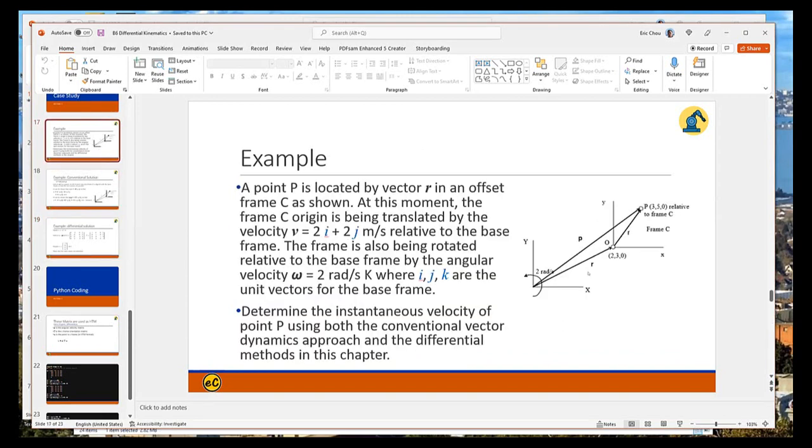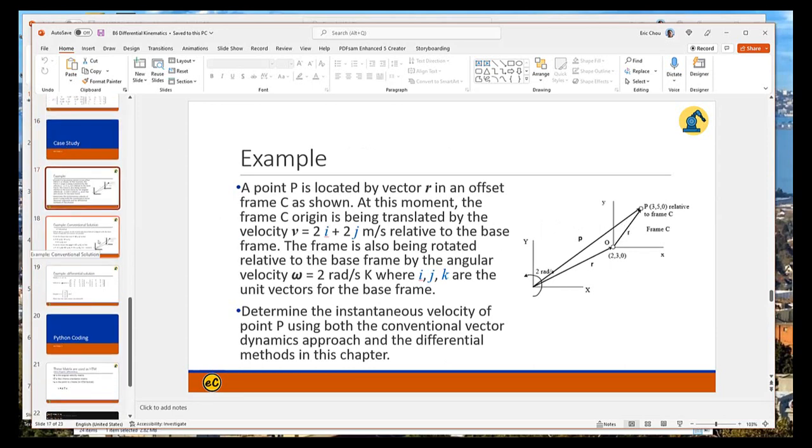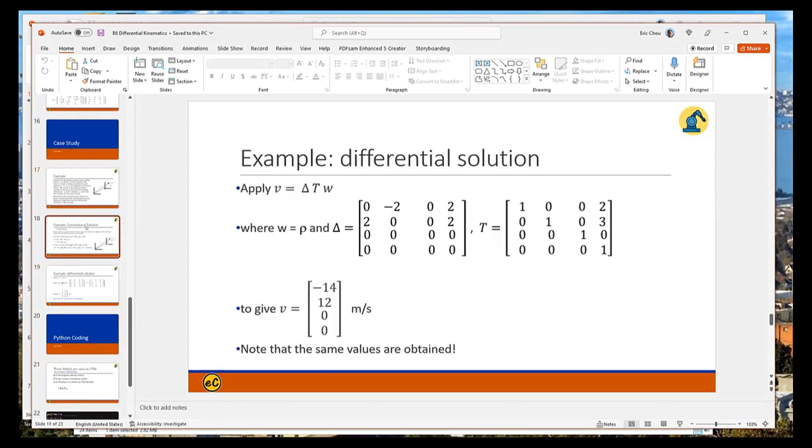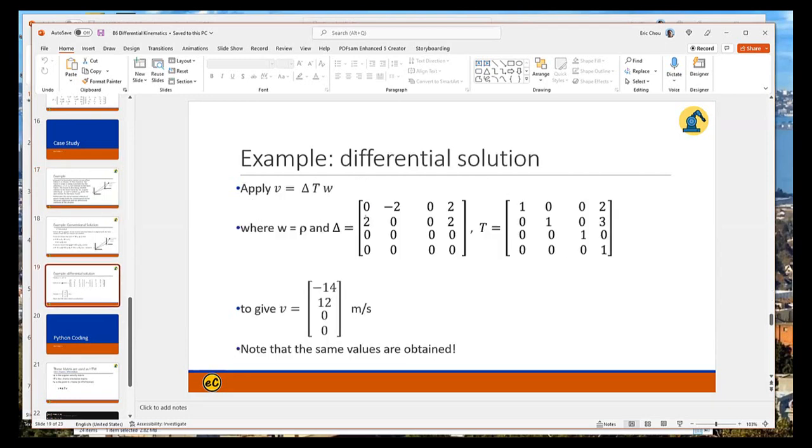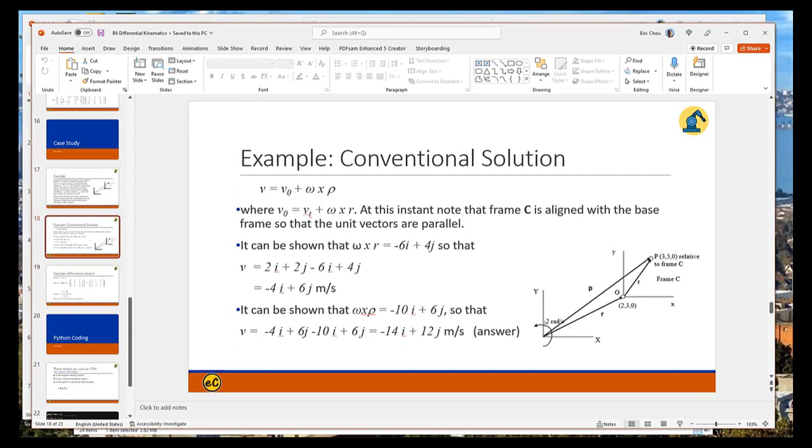This one is just for this matrix. This matrix is by the example. It's not the homework you are working on. This one is just the number for this 2 radians. So this 2 radian speed is 2 radians per second, and the 2 is the rotation along the z-axis.